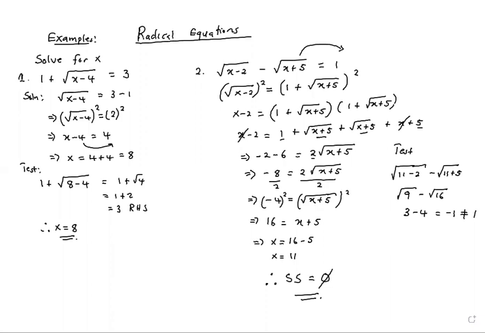Another example to see up the radical equations will be the root of 1 plus the root of x is equal to the root of x plus 1. So let's see if that is possible. First thing, square, square.